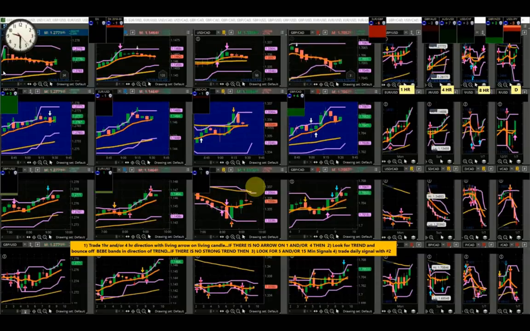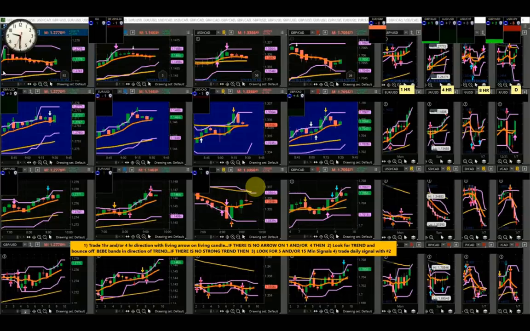As you saw with that last EU trade, if you had 1 and 4 hour arrows up, but once the 4 hour had done its job, which was the BB bands on the 1 hour chart instead of the orange line, it kept going up, didn't it? That's when you say to yourself, right, the trend might kick in now, so I'm looking for number 2s or number 4s.